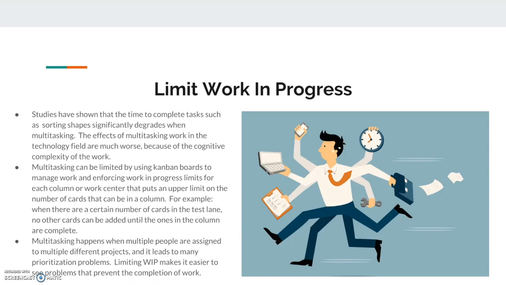So the next principle is to limit work in progress. Studies have shown that people who multitask have worse success than if they were to work on things one thing at a time.